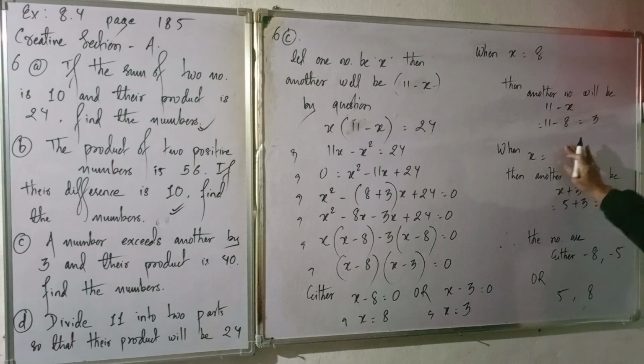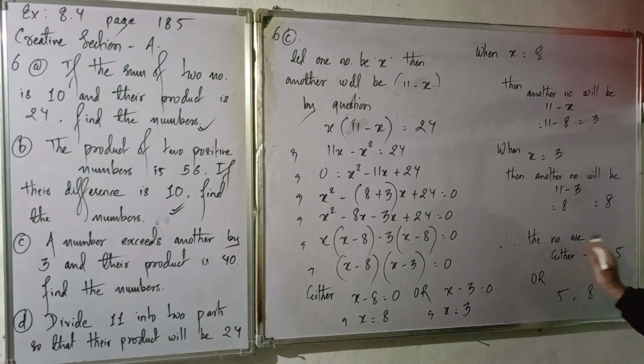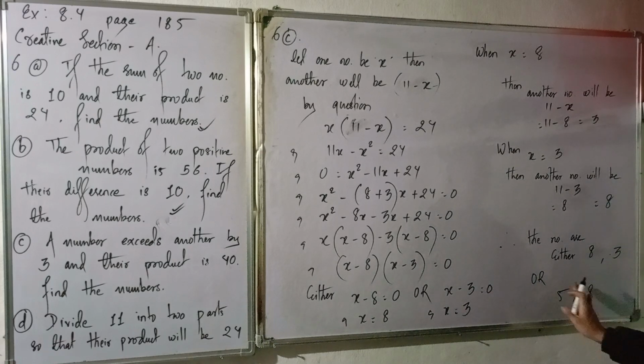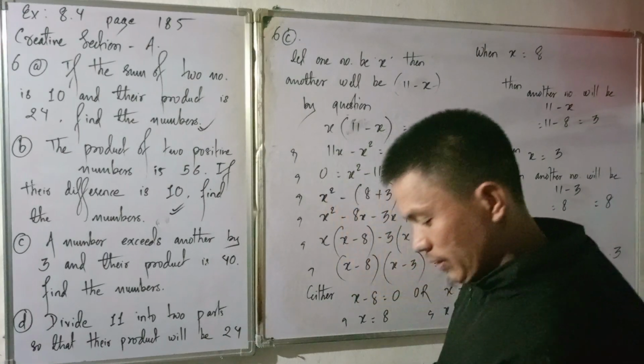Now when x equals 3, then the other number will be 11 minus 3, that is 8. Therefore the numbers are either 8 and 3, or 3 and 8. That's it.